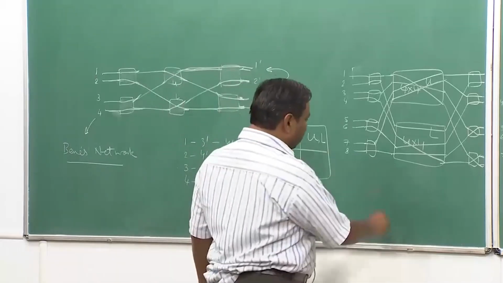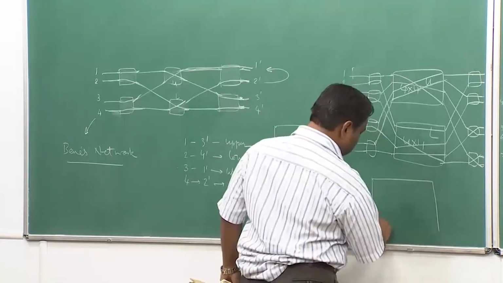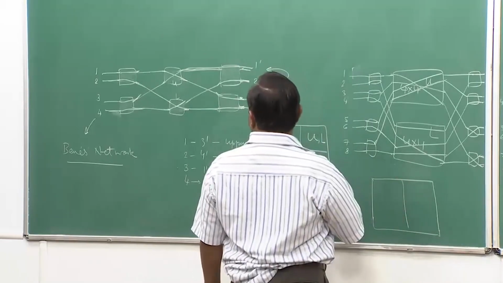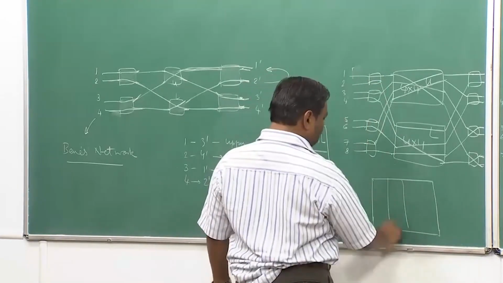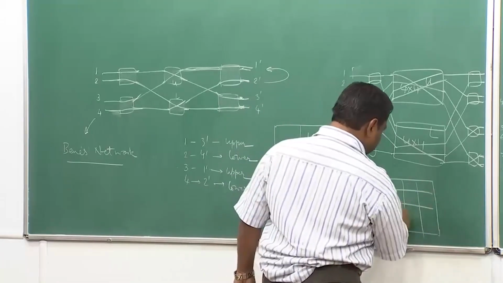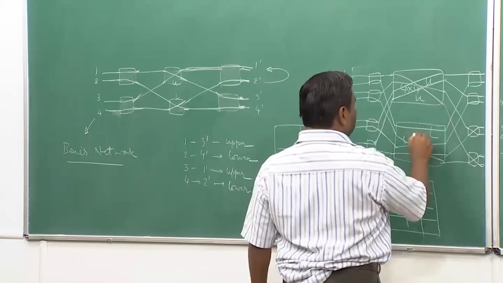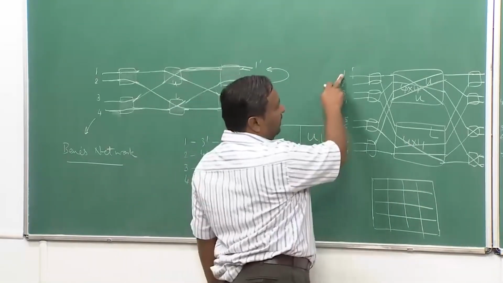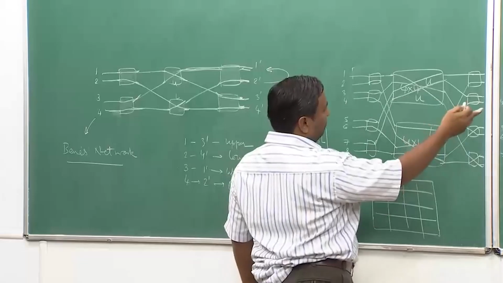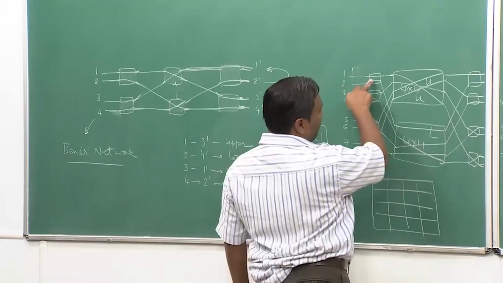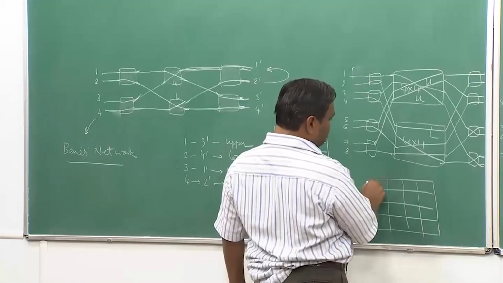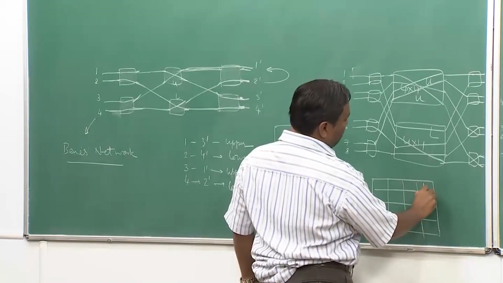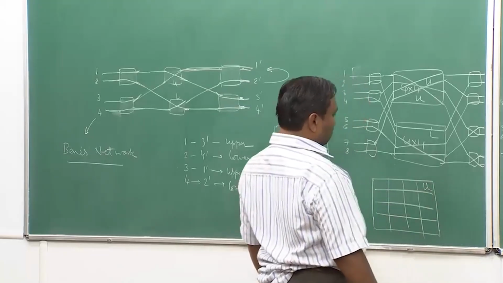Build up a pulse matrix for this one. So I will be requiring, in this case 4 by 4, only 2 switches are there, upper and lower. So from 1, when I am connecting to 8 prime, this is going from row 1 to column 4, this is going via upper, okay.